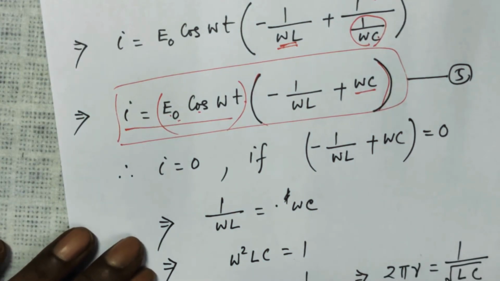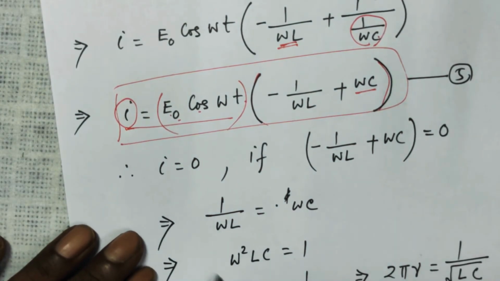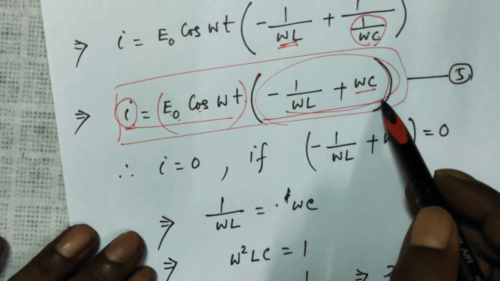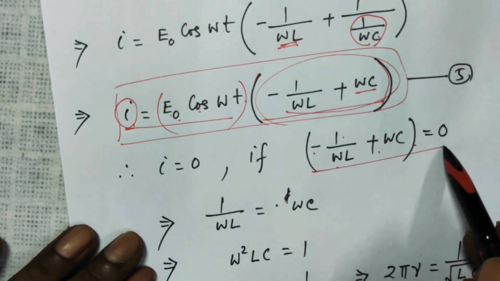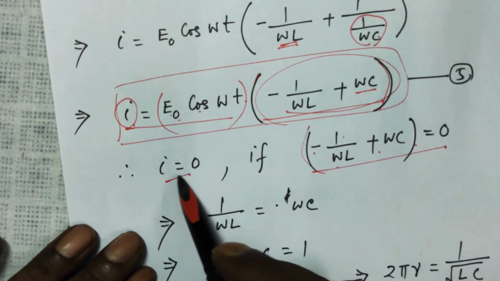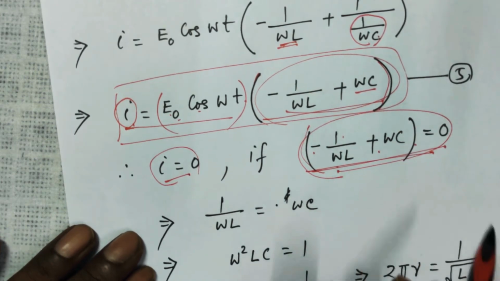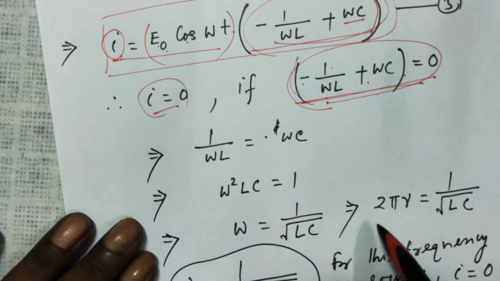Now look, this I will be 0 if this factor is 0, that is minus 1 by omega L plus omega C is 0. Let us see what this condition will give us.